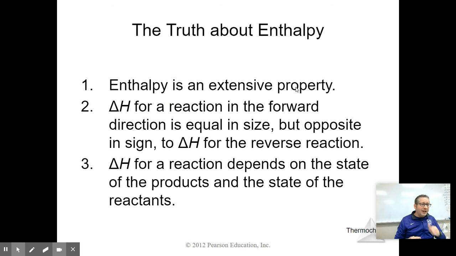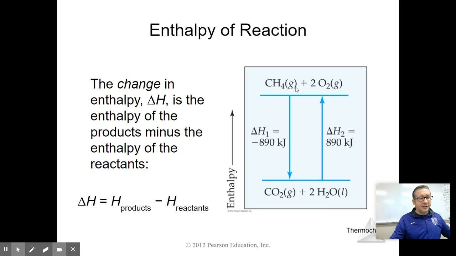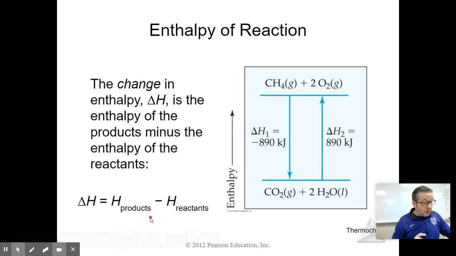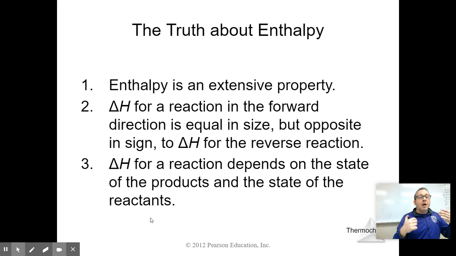And lastly, number 3, delta H for a reaction depends on the state of the products and the state of the reactants. Number 3 is going to come into play a little bit later on in the chapter when we have to access an appendix in the back of our book, where we have to look up certain values. Eventually we're going to get to that equation and have to calculate it. Not just yet, but we will, okay?